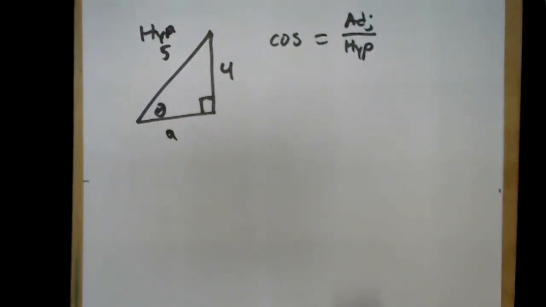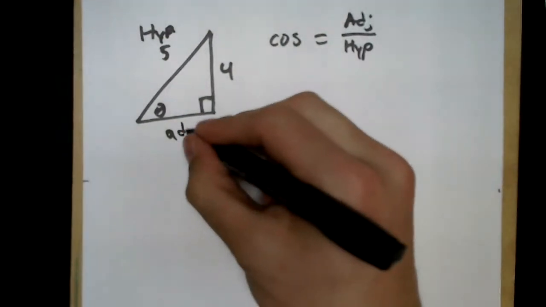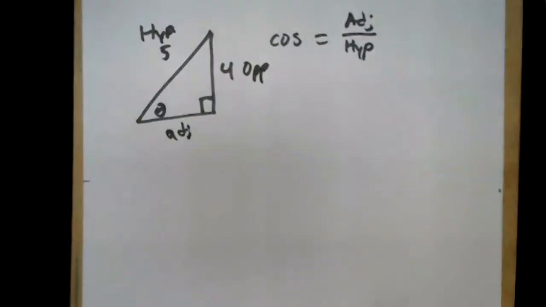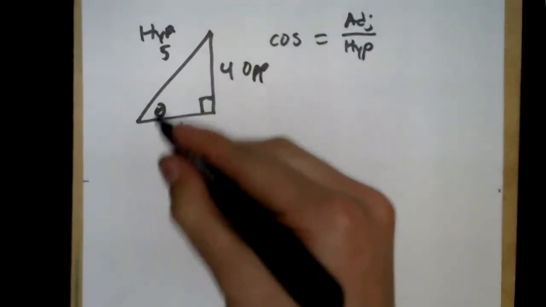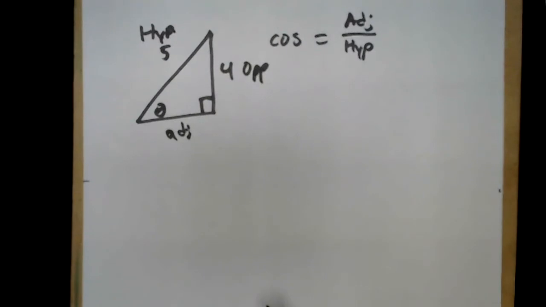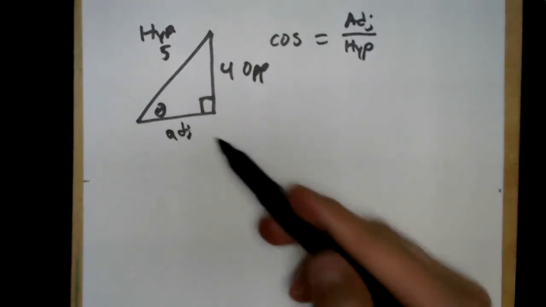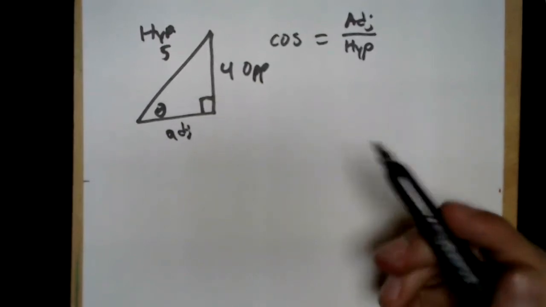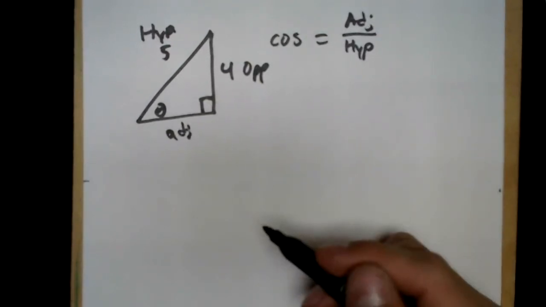Alright. So this is your adjacent side. This is your opposite side compared to your theta point. There's only one problem. You don't know your adjacent side. So how do you find your adjacent side?